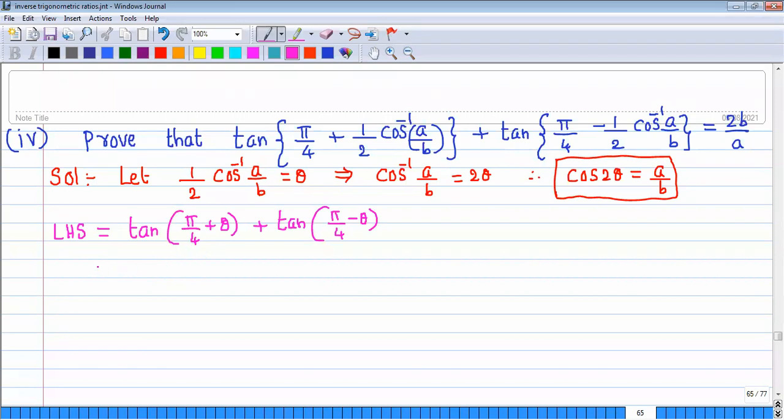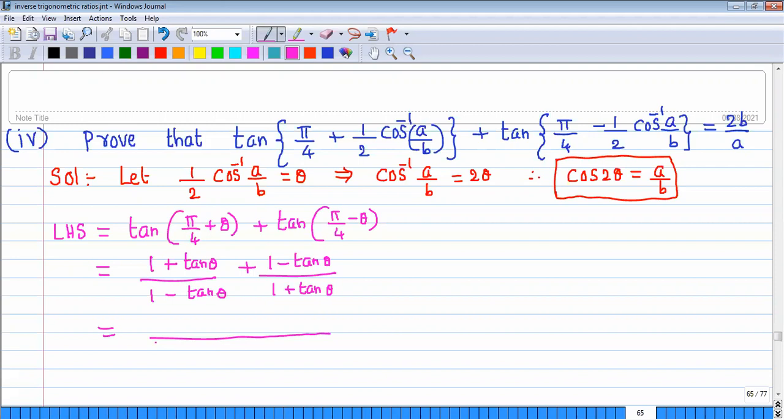So using that also we can do, but directly we can write this as 1 plus tan theta upon 1 minus tan theta plus 1 minus tan theta by 1 plus tan theta. LCM is 1 minus tan theta into 1 plus tan theta, which is A square minus B square, 1 minus tan square theta. Now the numerator is 1 plus tan theta whole square plus 1 minus tan theta whole square. Clear?